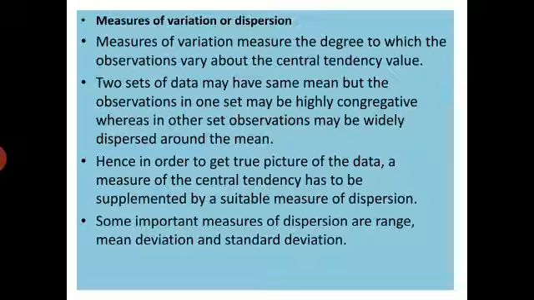Two sets of data may have the same mean, but the observations in one set may be highly congregated, whereas the other set's observations may be widely dispersed around the mean. Here I will not give an example because in the first year, if you have the books, you can go and check that different kinds of data are there, but the mean will come the same.